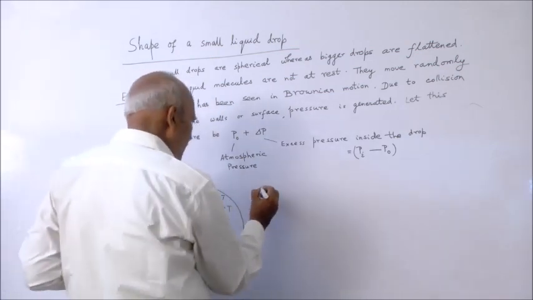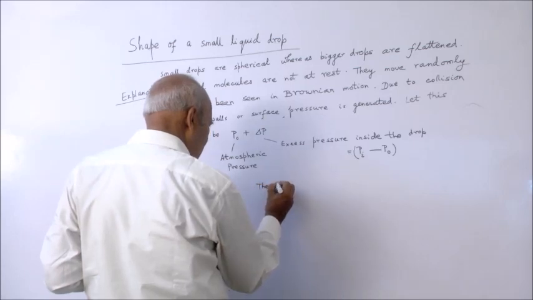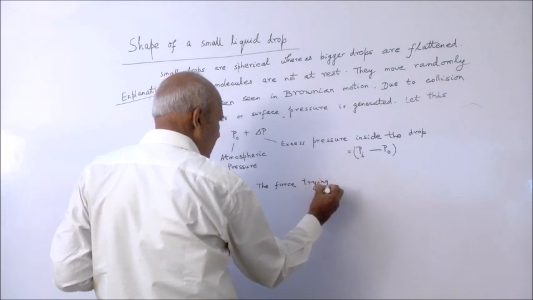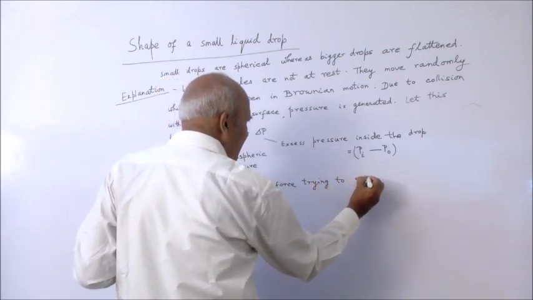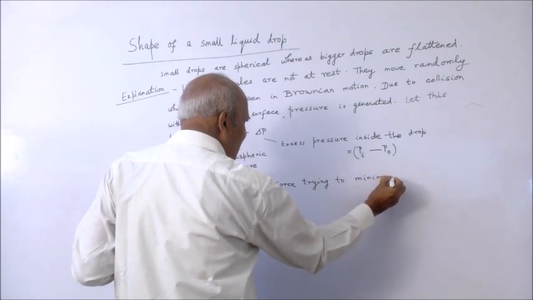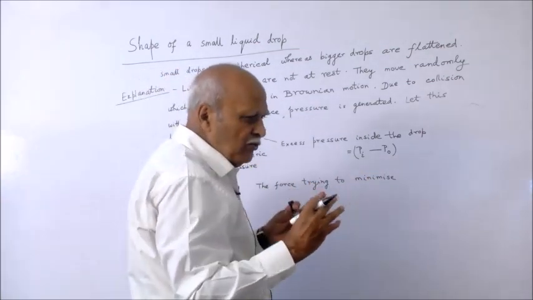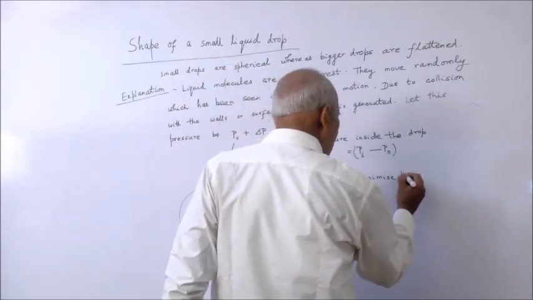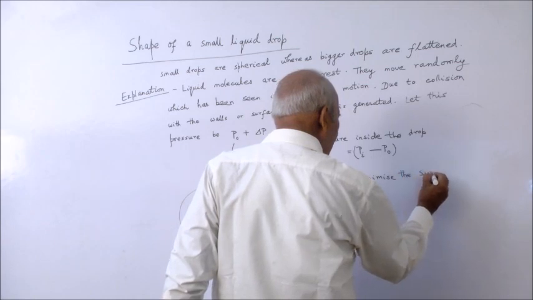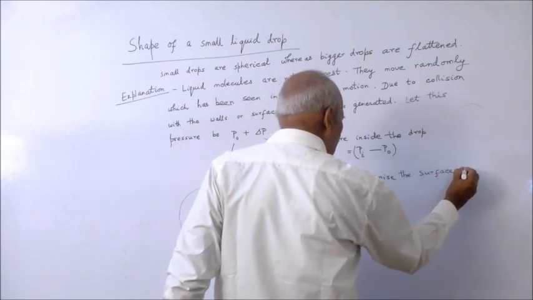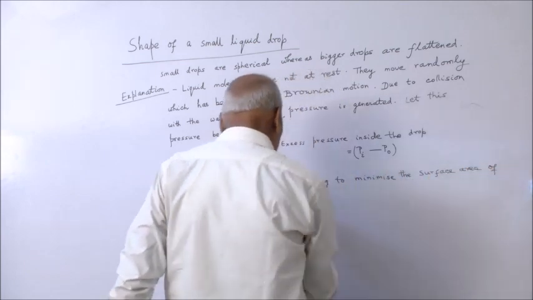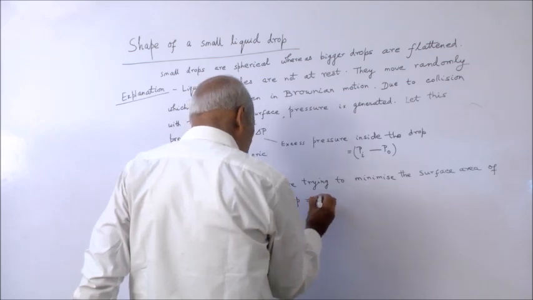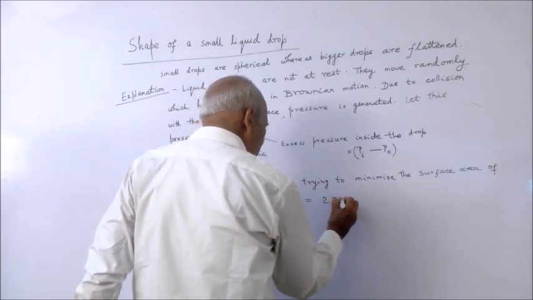So, the force trying to minimize the surface area of the drop is equal to 2 pi r into T.